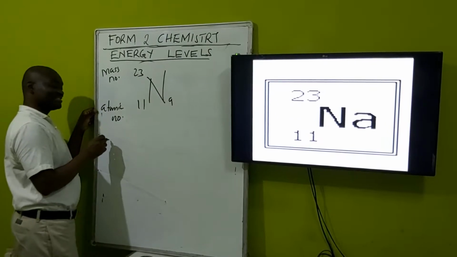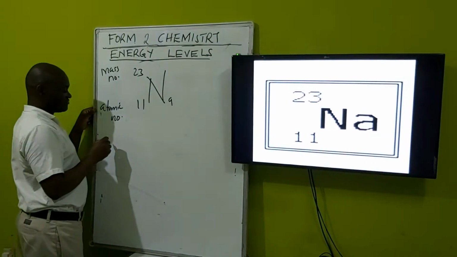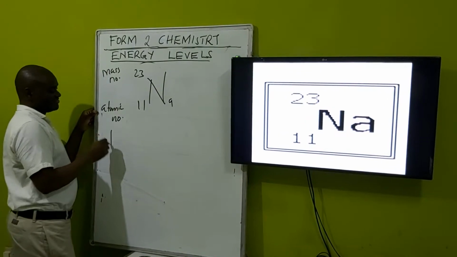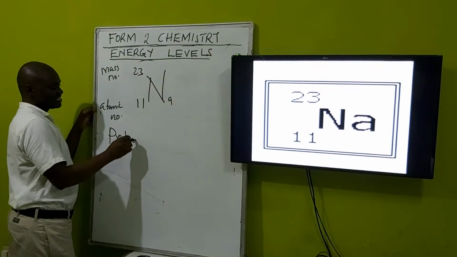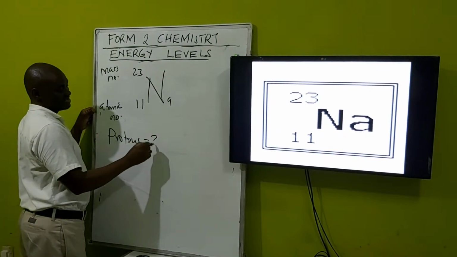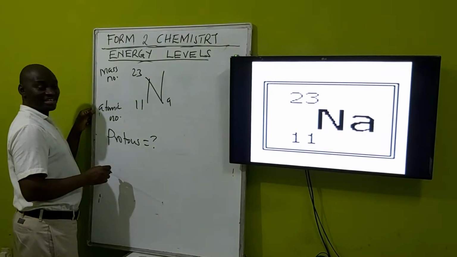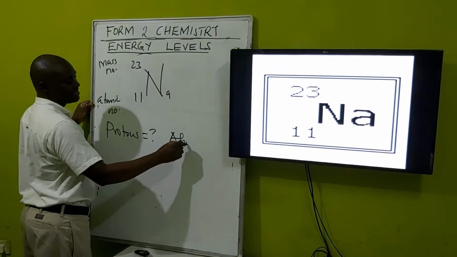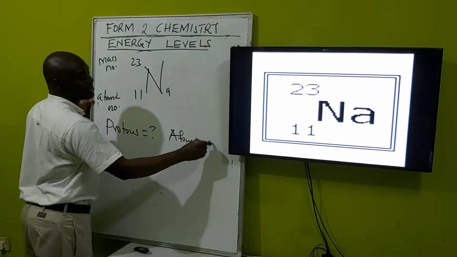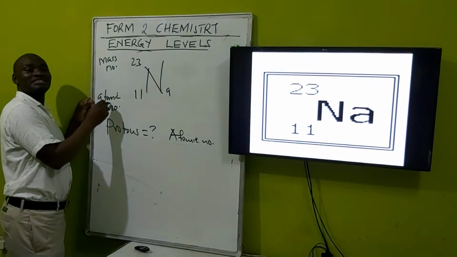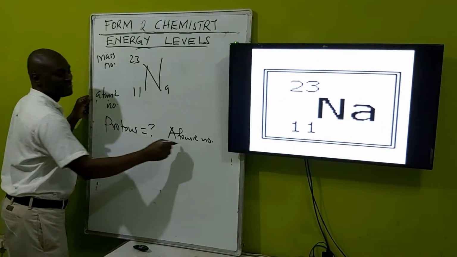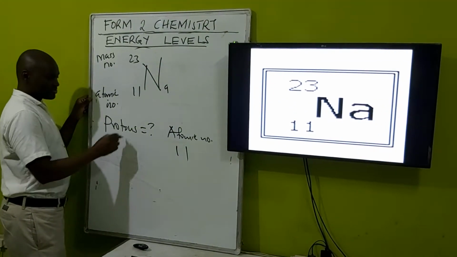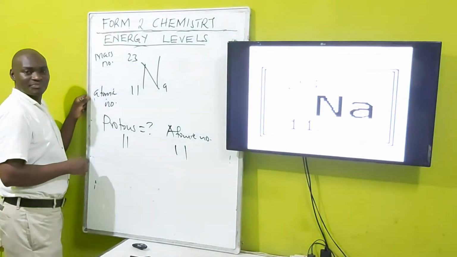Therefore, if you want to know the protons in sodium, we simply say that protons is equal to atomic number. That's how we define atomic number. So if atomic number is 11, protons are also 11.